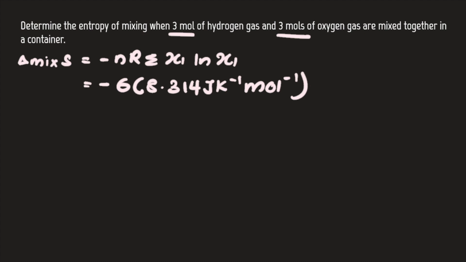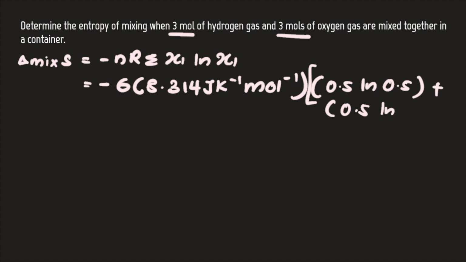Right? So the summation of mole fraction times ln mole fraction. We are going to do the first one first, which is 0.5 ln 0.5, plus 0.5 ln 0.5. So one is for oxygen and the other one is for hydrogen.